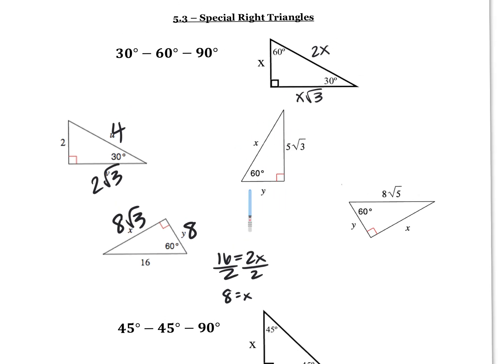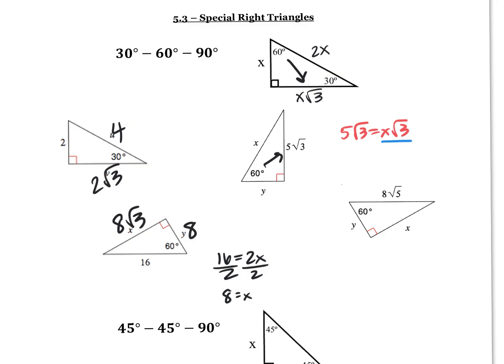How about up here? Which leg did I give you here? I gave you the 60 leg, and the 60 leg is my x root 3. So if I were you, I'd say, all right, my 5 root 3 is my x root 3 leg. Go get x by itself. How would I get x by itself? I heard someone say it.